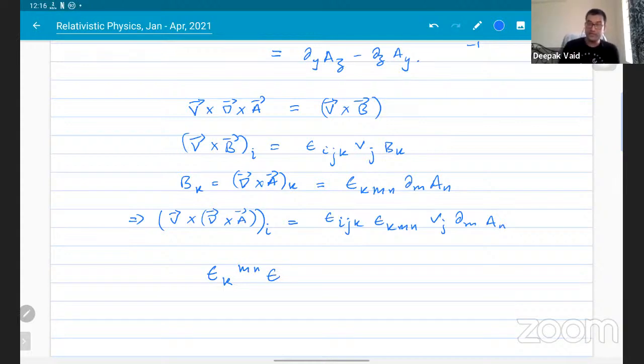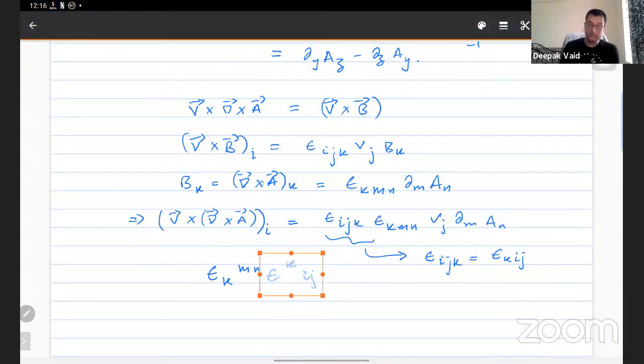Remember, these are all spatial indices, so raising and lowering doesn't affect anything, right? Because you're just using the Kronecker delta to raise and lower, right? So this quantity, epsilon ijk, right? I can write epsilon ijk is equal to epsilon kij, right? Using a cyclic permutation. That's what I've done over here, right? And I've just taken the k and raised that index.